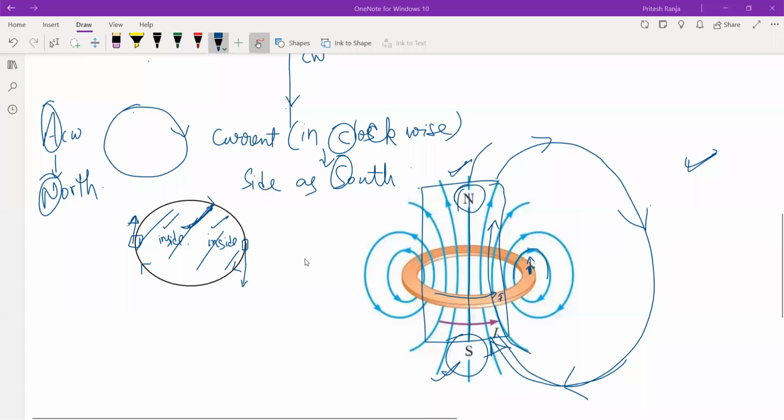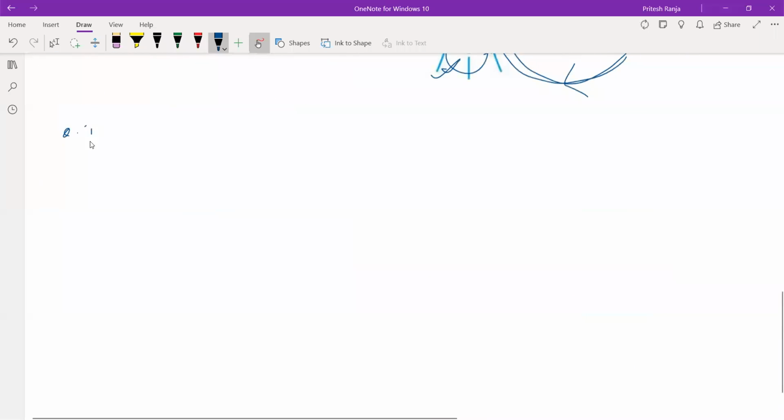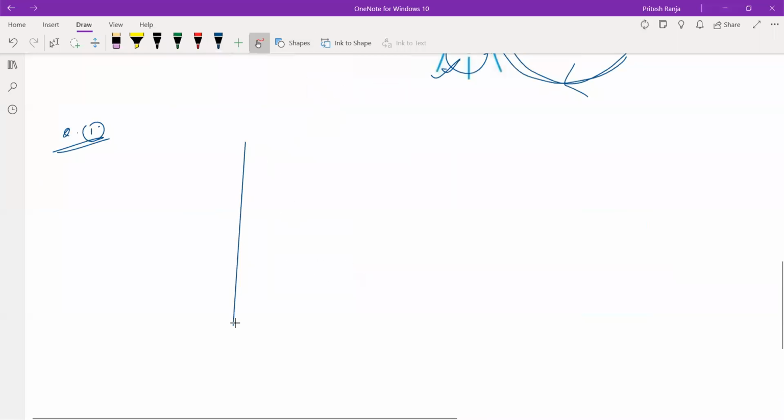Let us see some questions then to clear the doubts related to the direction. So number one, this is a current carrying wire and the current is going in this direction.